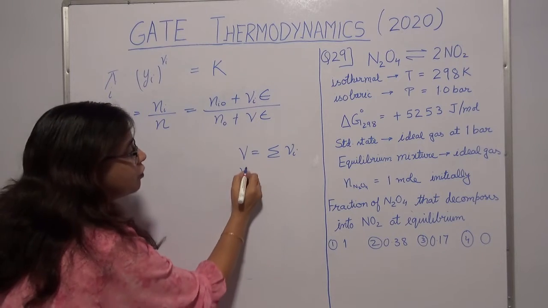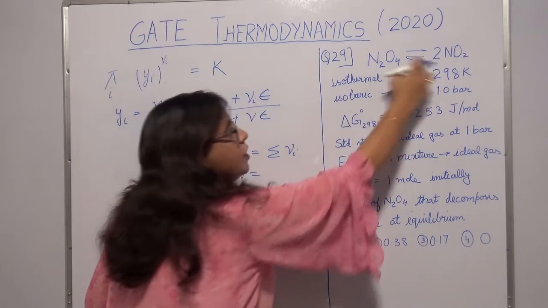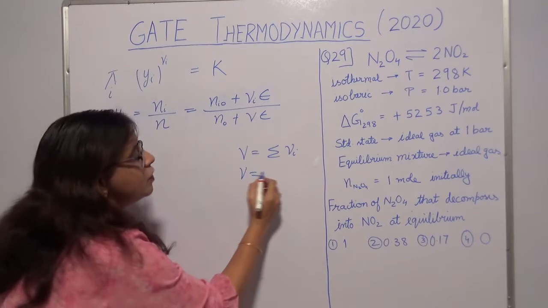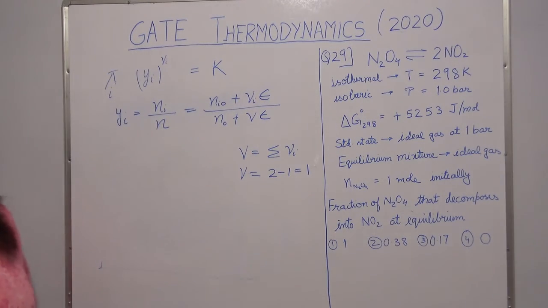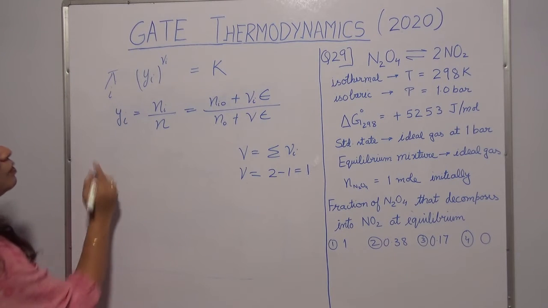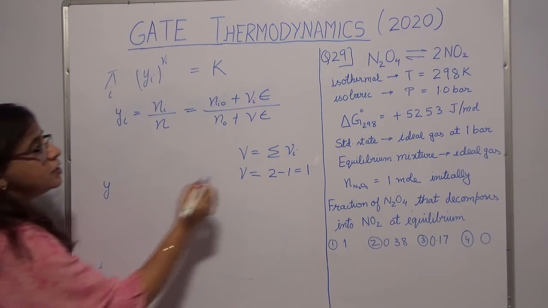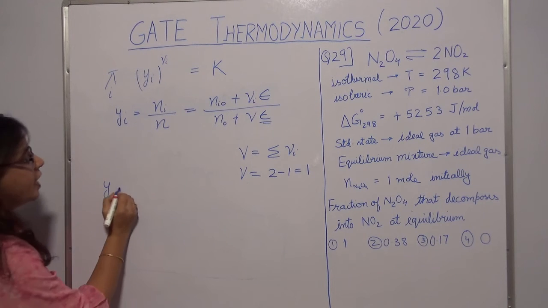So in this case, what will be your nu? That will be equal to, for product they are positive, for reactants they are negative. So it will be 2 minus 1 equal to 1. So nu is equal to 1 in this case. Okay. So now let's write down what will be Yi's in terms of my reaction coordinates, or my extent of reaction.